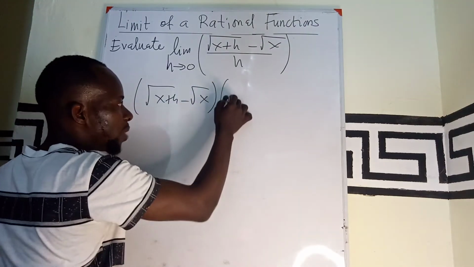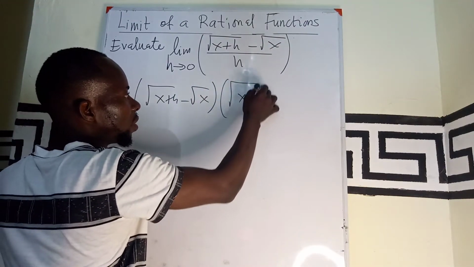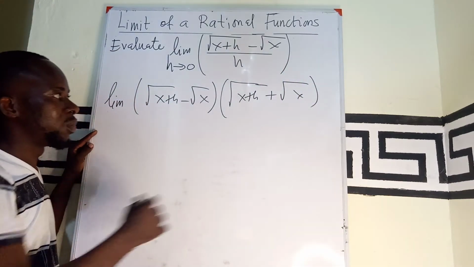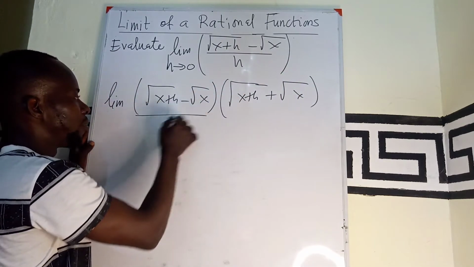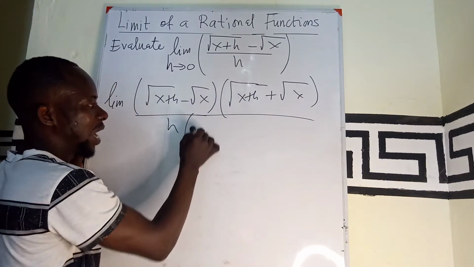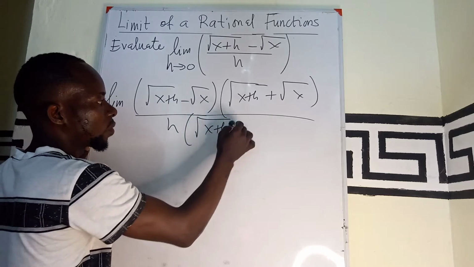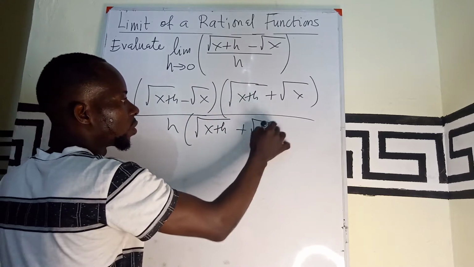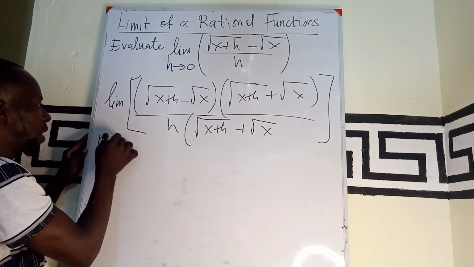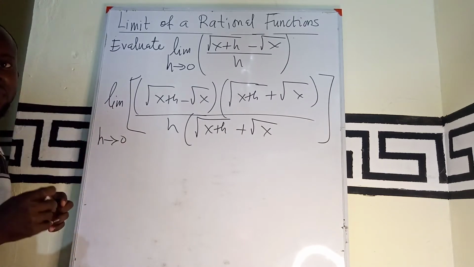Each conjugate pair is going to be, that's the conjugate pair. So we multiply both the numerator and the denominator. So we have this, where h is still approaching 0. This is what I have.